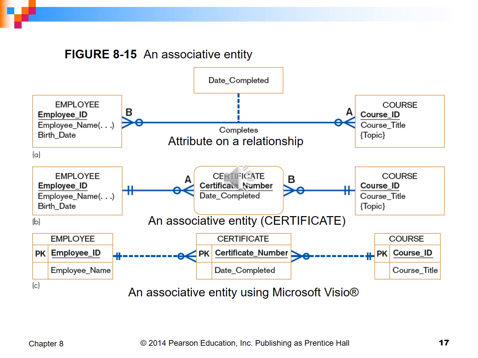So that employee takes many different courses with many different dates completed, and the relation between these dates completed is the one between the course and the certificate. So it's easy, you could find it. The one on the bottom is the way Microsoft Visio puts these, with different symbols or different notation.